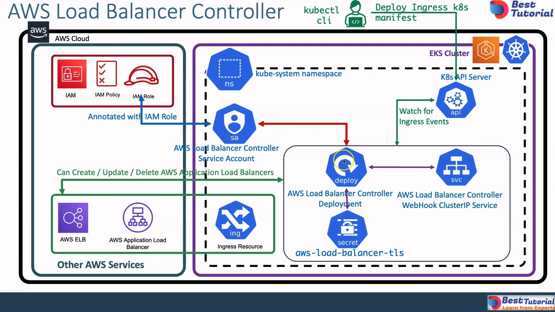This service account is used by the load balancer controller deployment pods. Due to that, from the EKS cluster itself, we are able to create the AWS application load balancer whenever we deploy the Ingress K8s manifest.